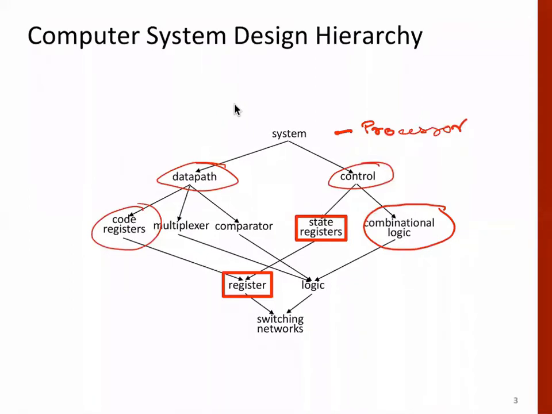So registers are there for storage of state as well as storage of code. You bring an instruction, essentially you bring the code. Apart from that, we have multiplexers, comparators, and the ALU, the arithmetic logic unit, which is essentially a combinational logic.